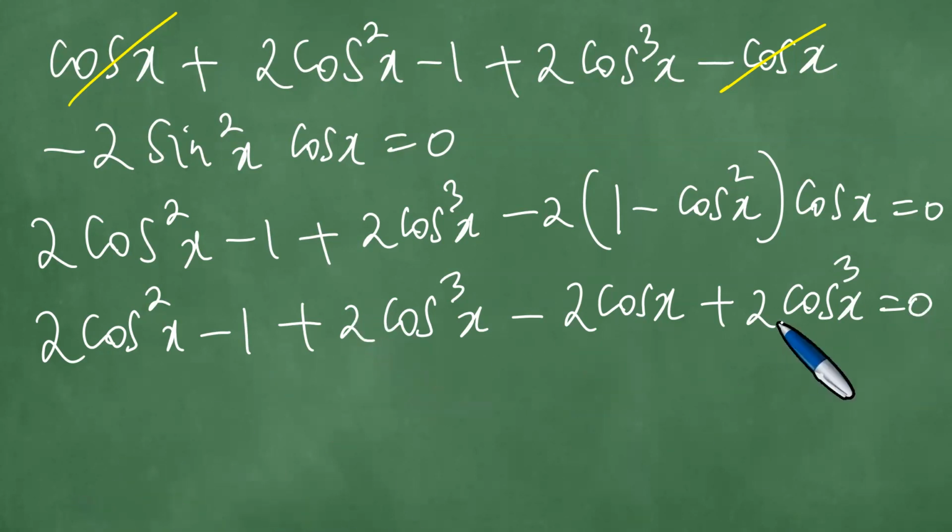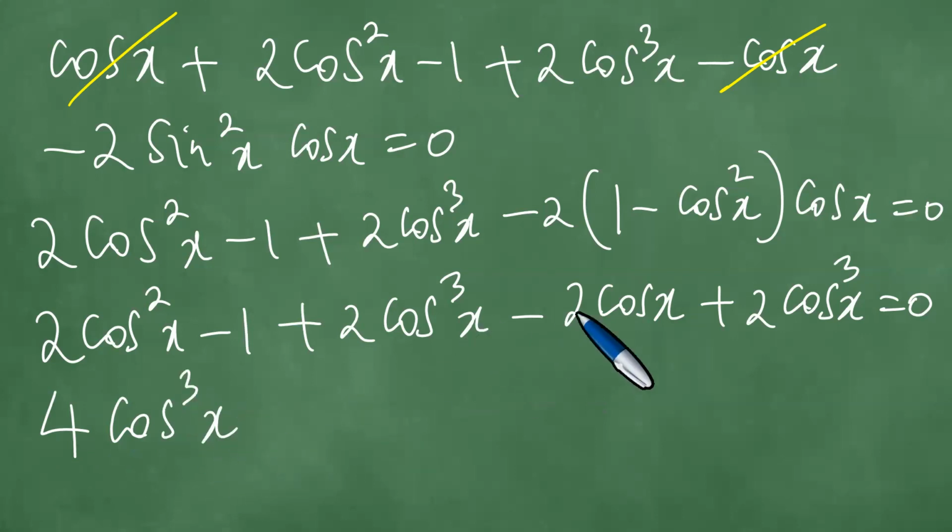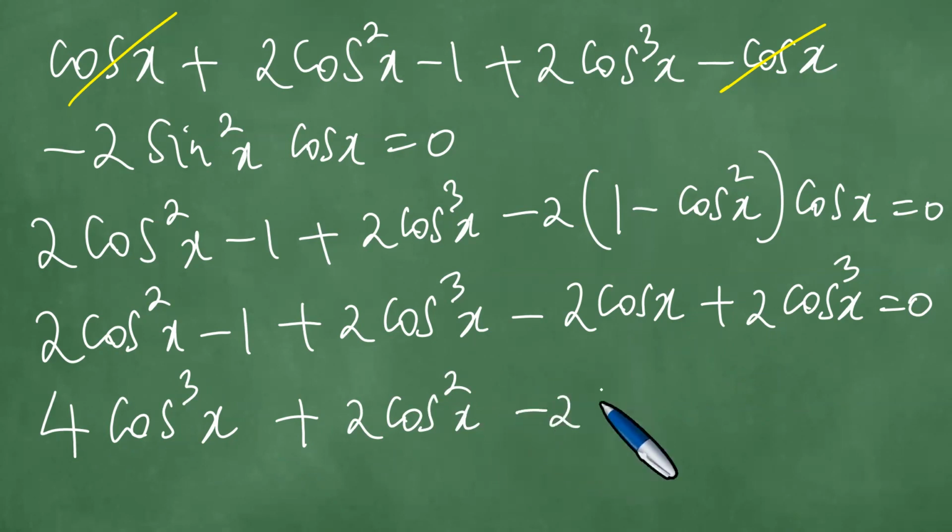Okay, we add these two: 2 cosine cubed plus 2 cosine cubed gives us 4 cosine cubed x, plus 2 cosine squared x minus 2 cosine x minus 1 equals 0. And this is what we have here.